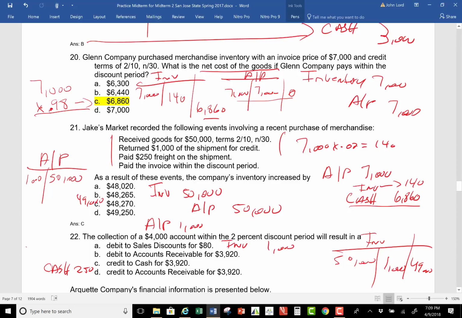I'm going to debit inventory. Very good. Debit inventory for 250 because what? Any cost that you pay to get an asset to your business so that you can use it productively in your business is part of the cost of that asset, isn't it? Okay. So I debit inventory for 250. And when I do, that becomes what? 49,250?